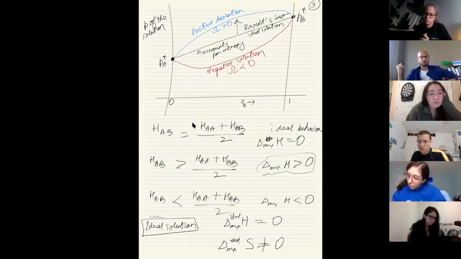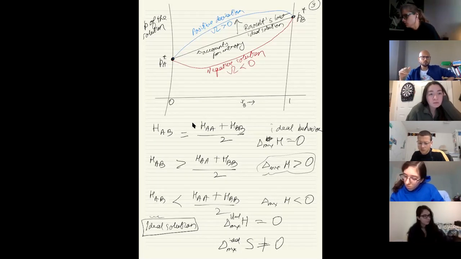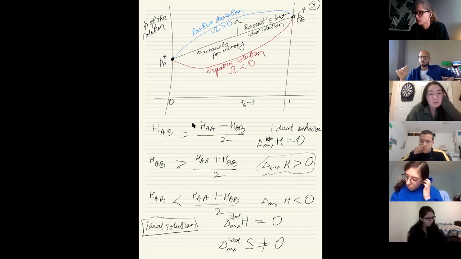But ideal behavior is a nice model to aim for that allows thermodynamics to be tractable. It allows thermodynamics to be something we can write down in nice, simple equations and think about. You can already see a straight line is better than some arbitrary curve, right? We know how to deal with it. We don't know what's the equation for this curve, the blue and the red curve that I drew over here.